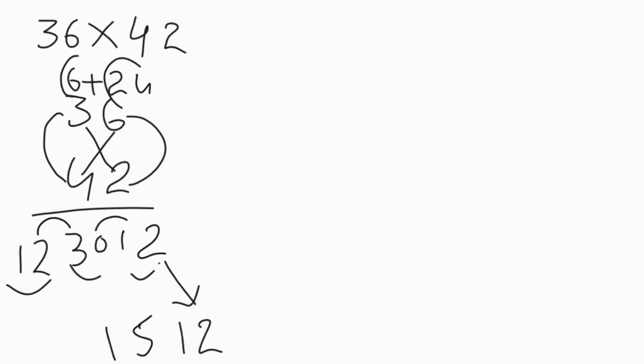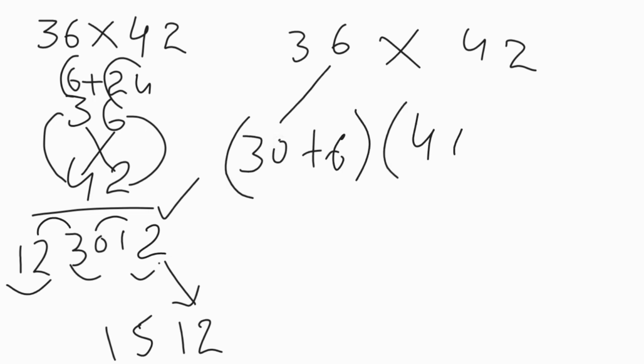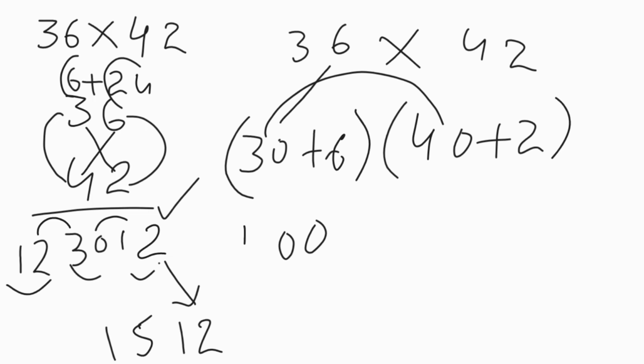Why does this trick work? Let's understand the mathematics behind it. Suppose we have 36 multiply 42. 36 equal to 30 plus 6 and 42 equal to 40 plus 2. Multiply 30 multiply 40. 3 zeros are 0, 3 4s are 12. 30 multiply 2.